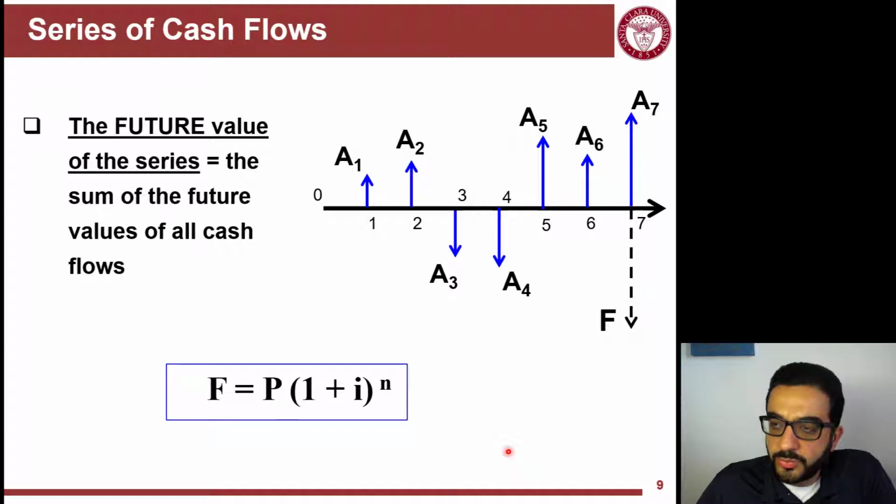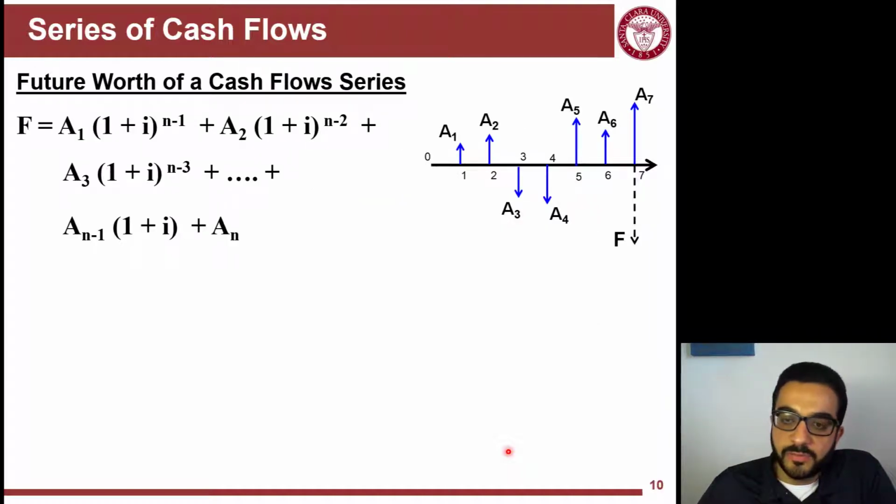The other thing we can do with this type of series of cash flows is, instead of calculating its present worth, I can also calculate its future worth. The idea here is that the future worth of the series is equal to the sum of the future worth, or the future values, of all cash flows in that series of this project.